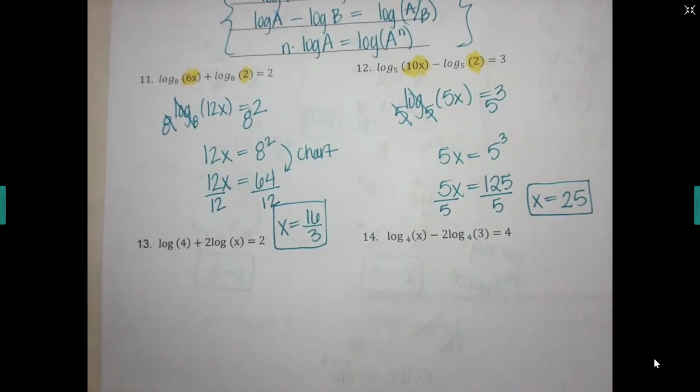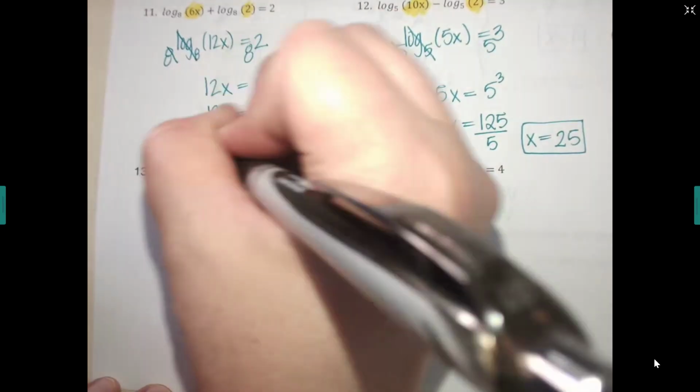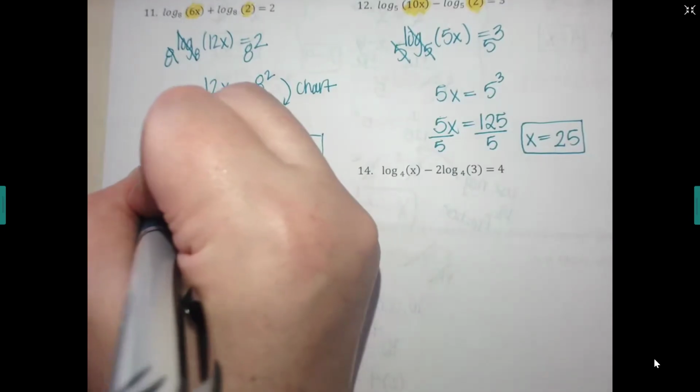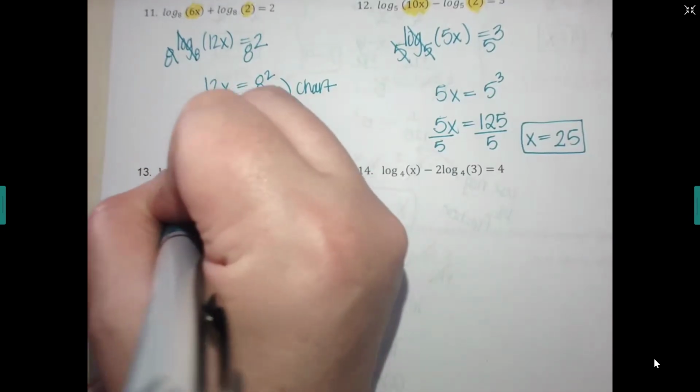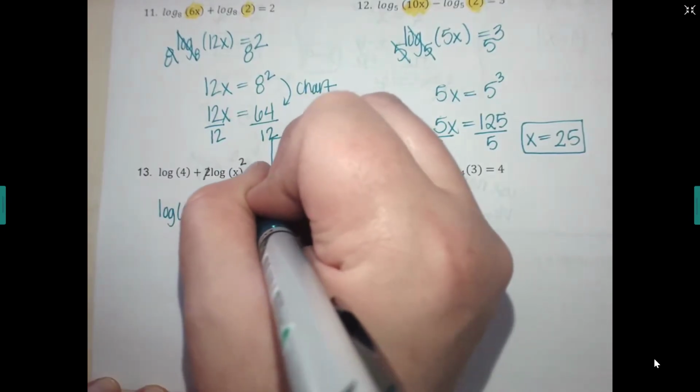Okay, let's take a look at number 13. Before I combine my 2 logs, do I have a number I can float up to the top? Look at 13. Which number can I bump up? Oh, the 2. So cross your 2 out and make it a squared. So now here's what you have: a log 4 plus a log x squared.